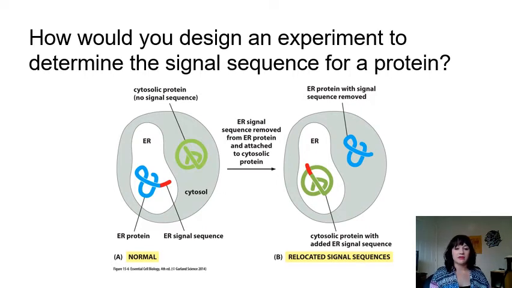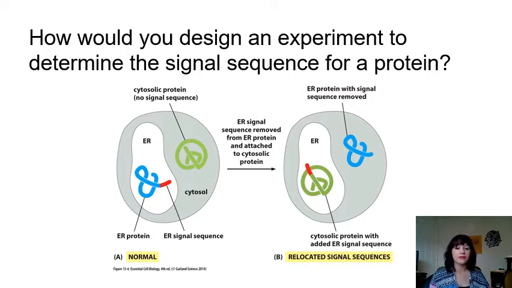So what we could do is take the sequence that we propose is the ER targeting sequence and stick it onto a protein that normally would not go to the endoplasmic reticulum, and then track that protein and see where it ends up. So in this case, they've taken the sequence that they propose in red, and they've attached it to a cytosolic protein, and they've found that now the cytosolic protein ends up in the endoplasmic reticulum.